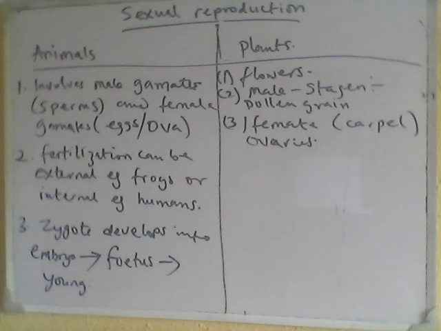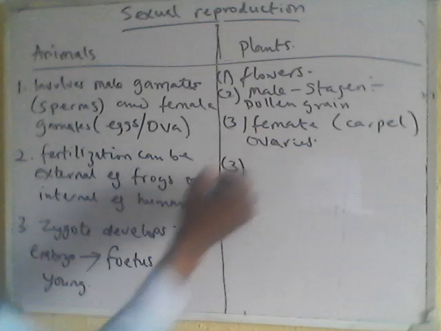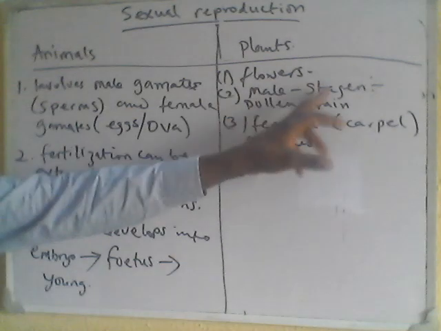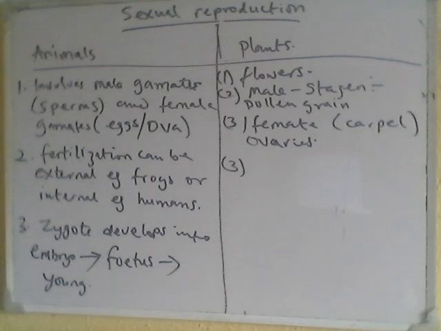Understand? And in sexual reproduction in plants, pollination is the process, where pollen grain is transferred from the anther to the stigma.